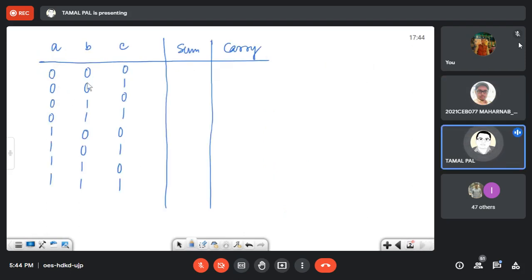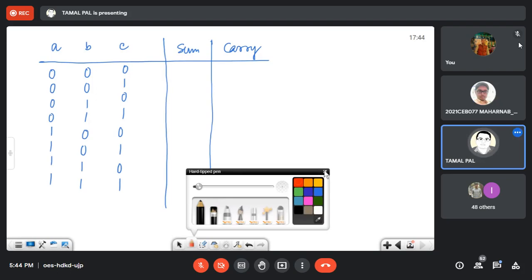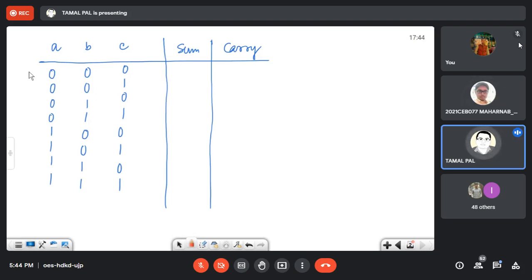Either you can also generate by binary conversion, because if you notice, this is decimal 0, 000, this is decimal 1, this is 2, this is 3, this is 4, 5, 6 and 7. So these numbers are from 0 to 7.